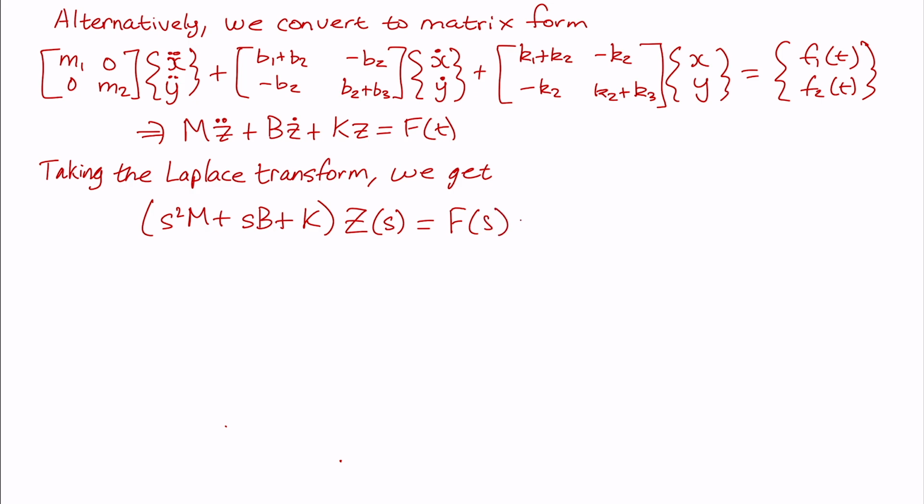And then we can solve for Z of s. Z of s will be equal to the inverse of s squared m plus s times b plus k, inverse of that times F of s.